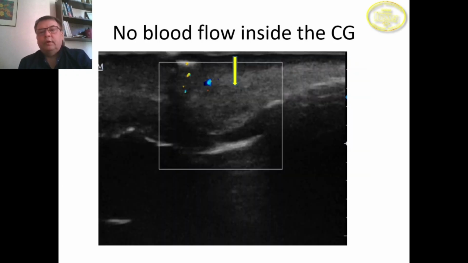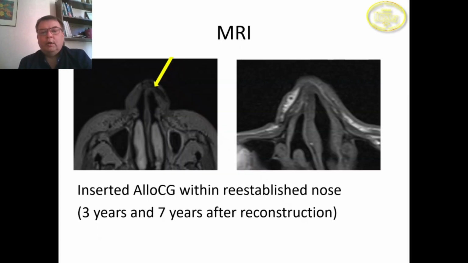No blood flow inside the cartilage graft is discovered, and it means that blood vessels didn't penetrate within the cartilage mass. Slight blood flow is present at the area of surgical suture, left side of row. MRI of the re-established nose with allogeneic cartilage is presented on this slide.